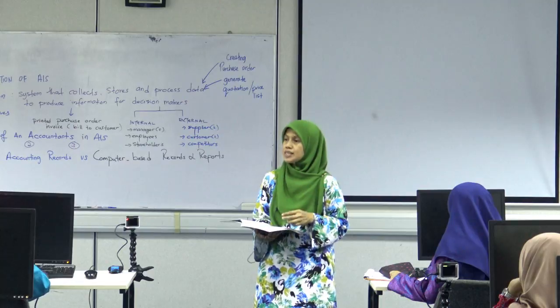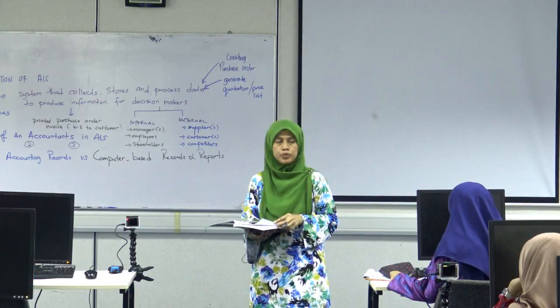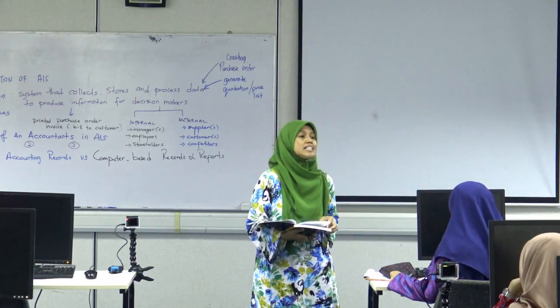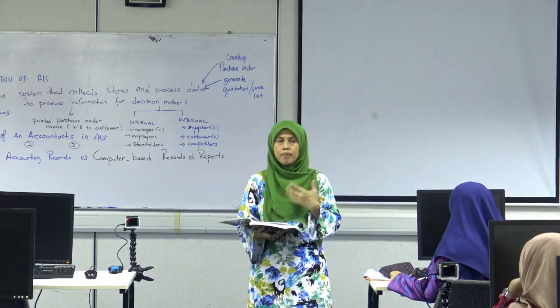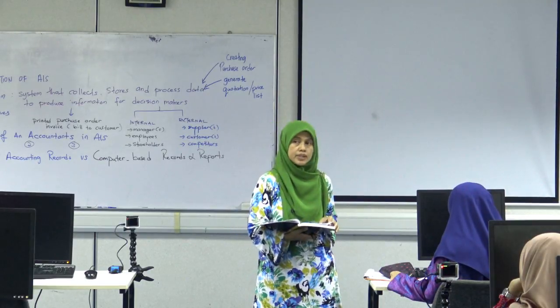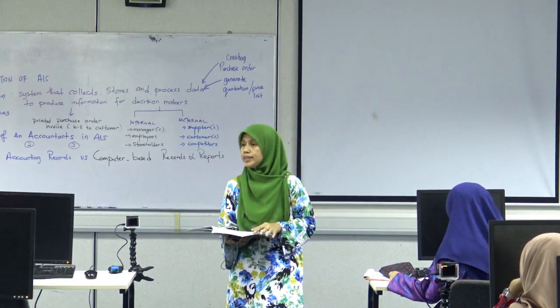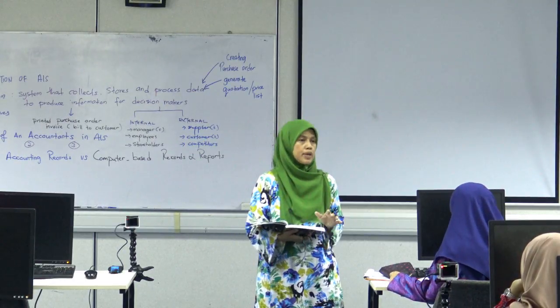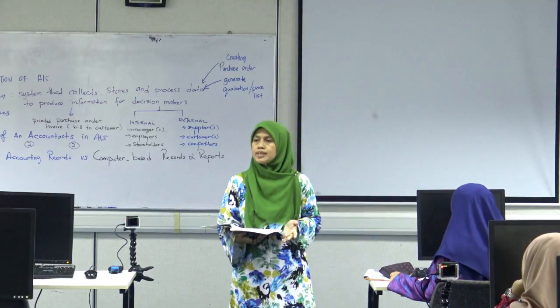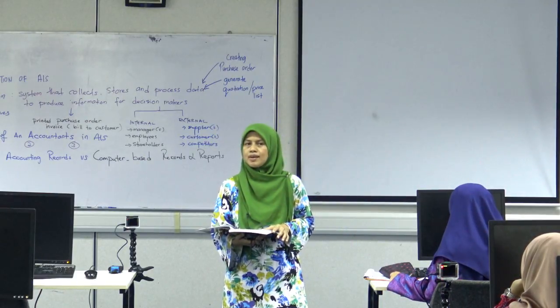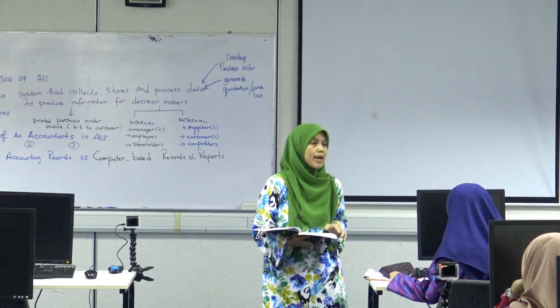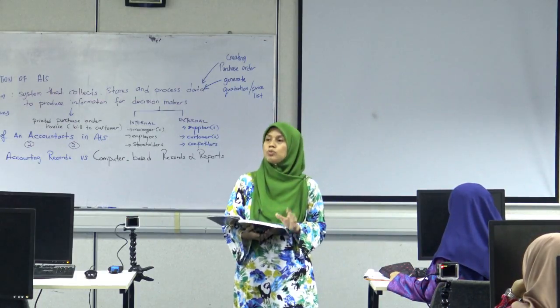Then with this purchase order, they will print a document to be sent to the supplier. Then the supplier, upon receiving the purchase order, will decide on the delivery of the goods ordered. So when the goods have been delivered, what do you do in the system? You receive the item by converting the purchase order to a bill.